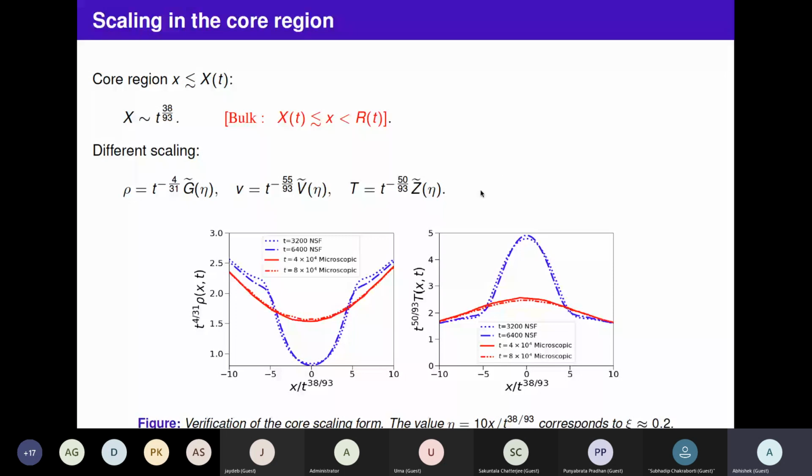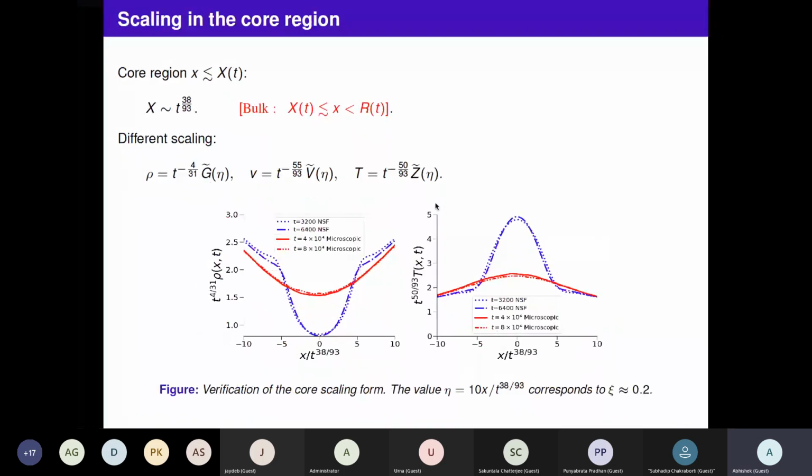It is a completely different scaling solution than in the bulk region, and we can verify that both the microscopic and the Navier-Stokes actually satisfy this. We get a collapse of data if we use these scaling variables, but the scaling functions do not agree between microscopics and Navier-Stokes. So this is still an unsolved problem.